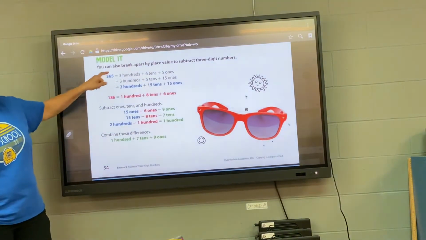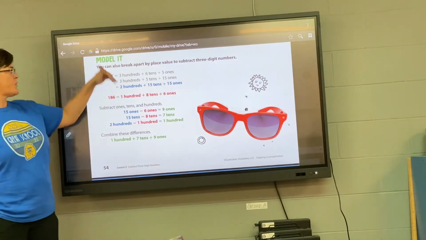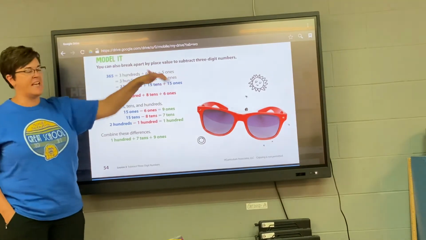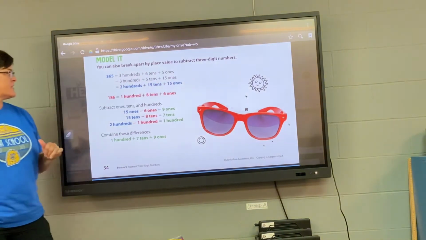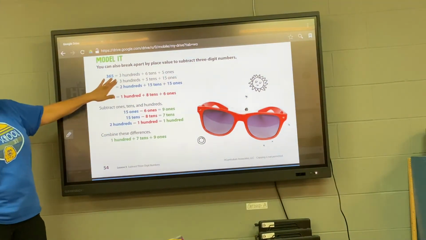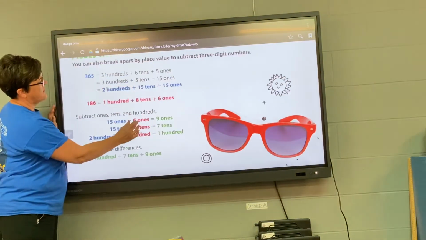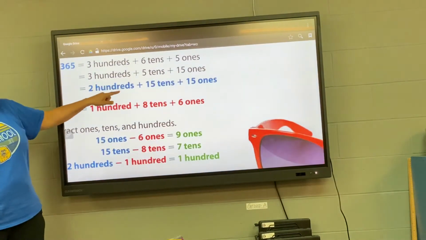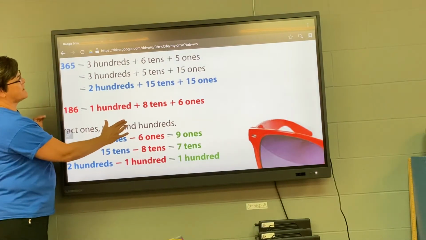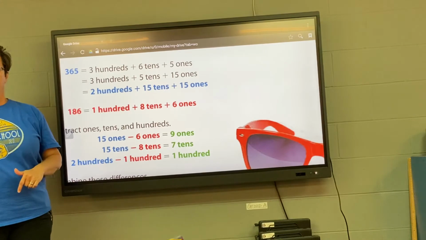Here's another way to look at it. 365 equals 3 hundreds plus 6 tens plus 5 ones. What have they done here? 3 hundreds, whoa, plus 5 tens plus 15 ones.